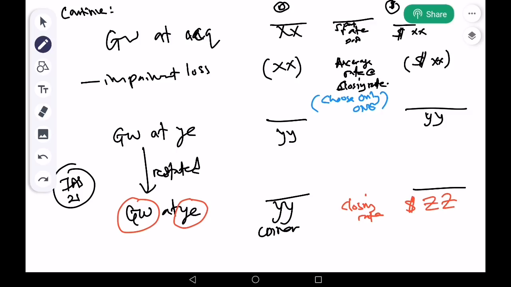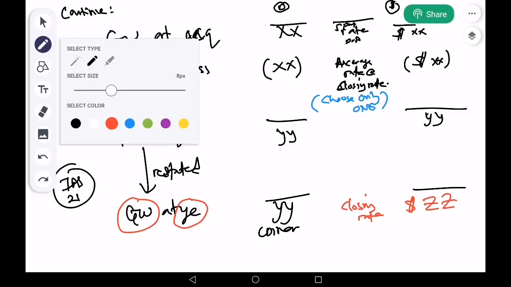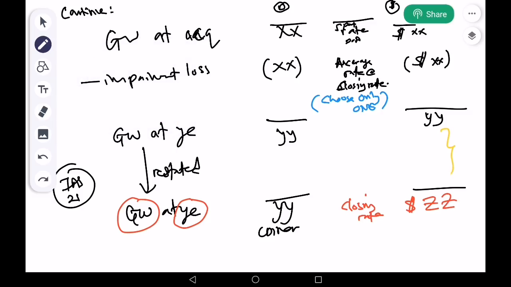So class, when you see here now, please consider foreign exchange difference. Either gain or loss from foreign exchange difference. So number 1, you get your foreign exchange difference.